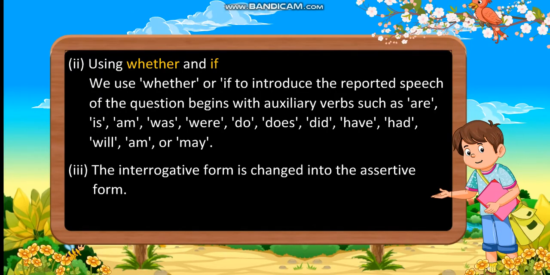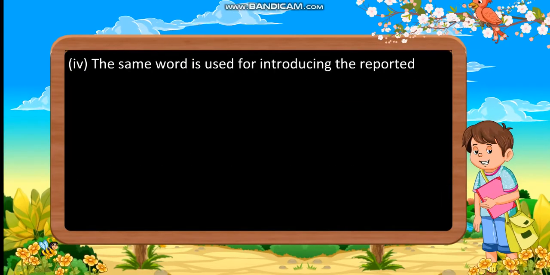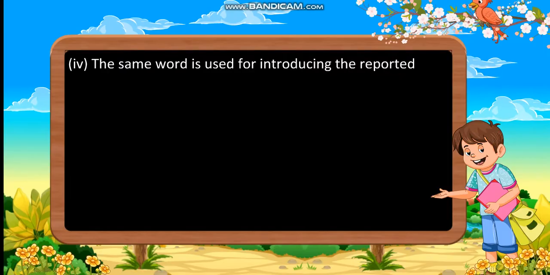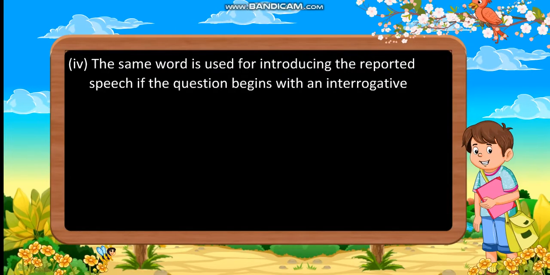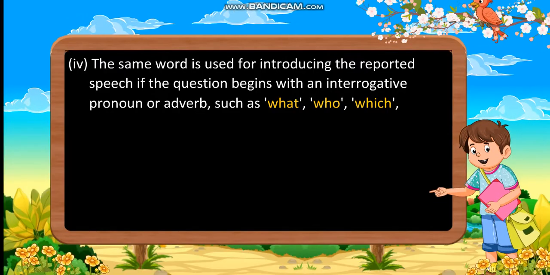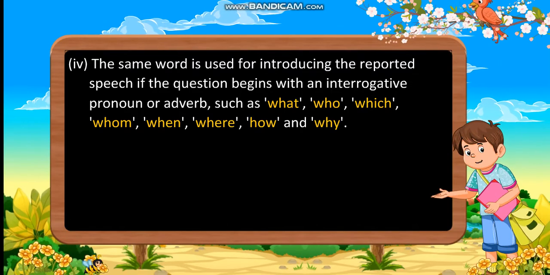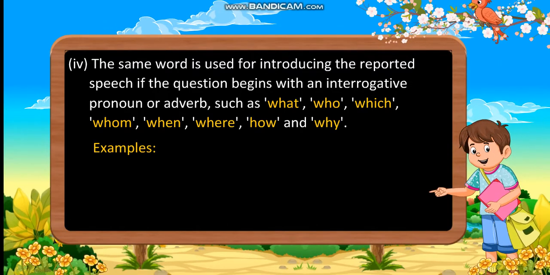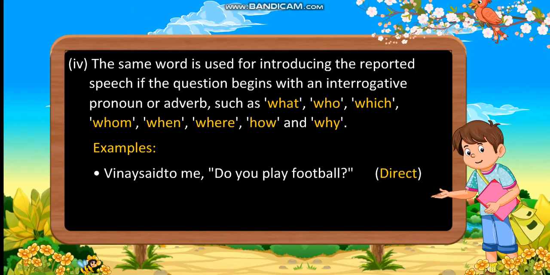Third, the interrogative form is changed into the assertive form. Fourth, the same word is used for introducing the reported speech if the question begins with an interrogative pronoun or adverb such as what, who, which, whom, when, where, how, and why. Examples: Vinay said to me, "Do you play football?"